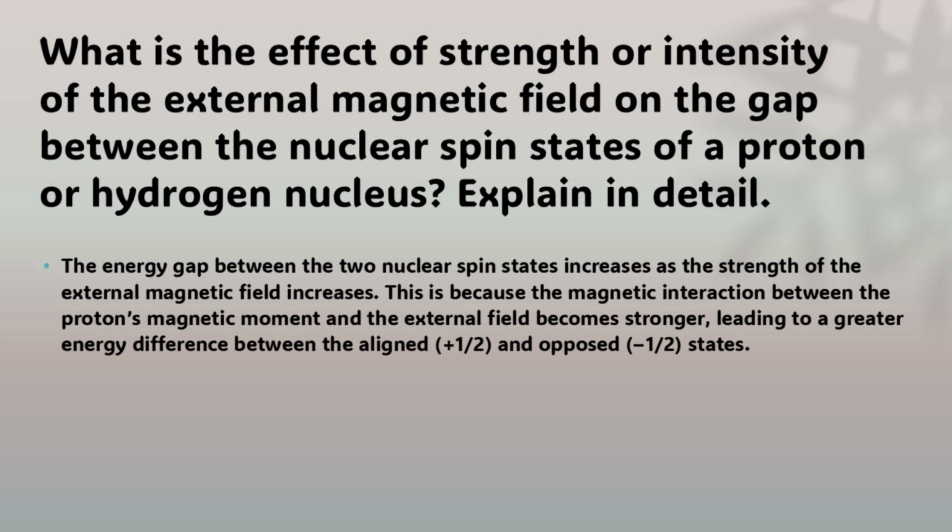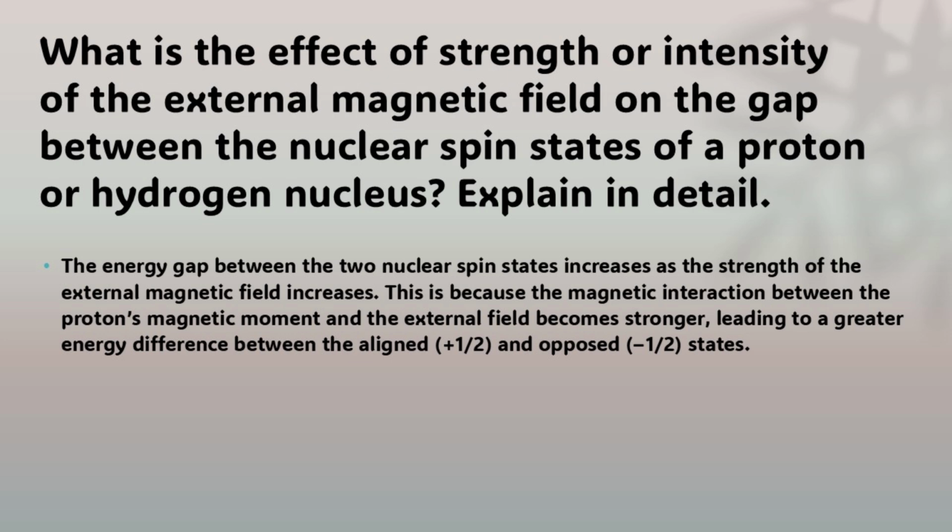The next question is question number 15. What is the effect of strength or intensity of the external magnetic field on the gap between the nuclear spin states of a proton or hydrogen nucleus? Explain in detail. The answer to this question is, the energy gap between the two nuclear spin states is directly proportional to the strength or the intensity of the external magnetic field.